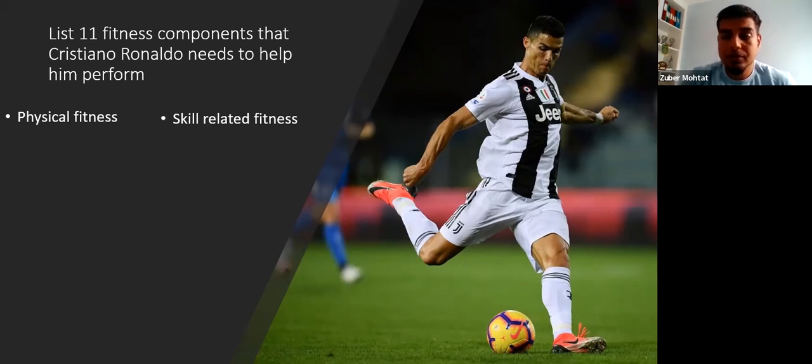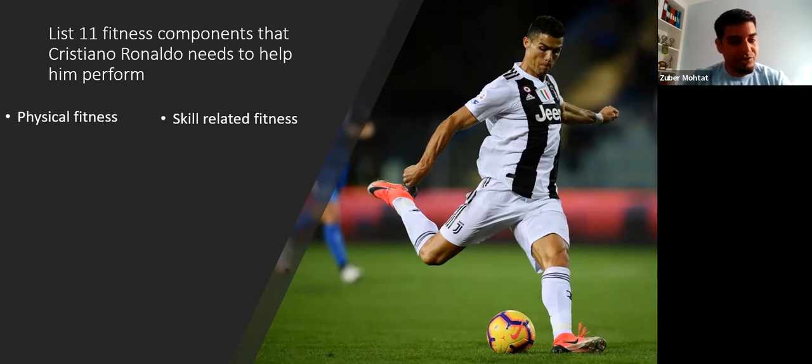Now, a bit of an extension activity. Those fitness components you've just come up with, can you separate or categorize them into either physical fitness components or skill-related fitness components? So agility, would that come under skill-related, or would that come under physical fitness?